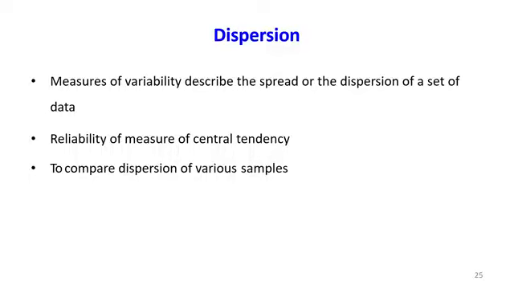Now comes the second important measure in statistics, which is the measure of dispersion. Currently, with the measures of central tendency, we were identifying where the mass is located, how the data is balanced. For example, take an object, and this is like a fulcrum, balancing this particular object.